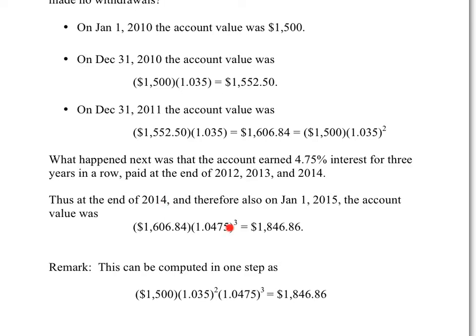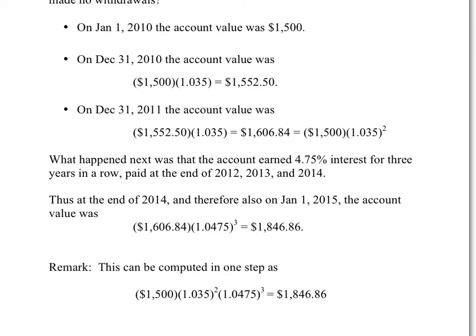That's 3 separate years now of being multiplied by the new interest rate, 4.75%. So the amount of money at the end of 2011 experiences 3 separate growths at the end of 2012, 2013, and 2014, and that ends up with $1,846.86 in the account.